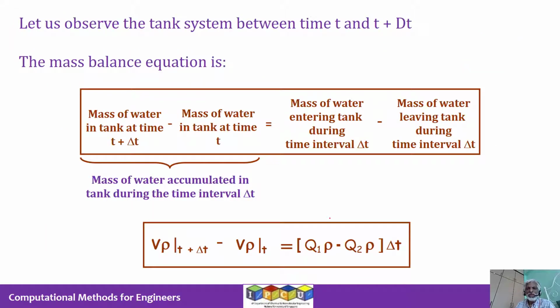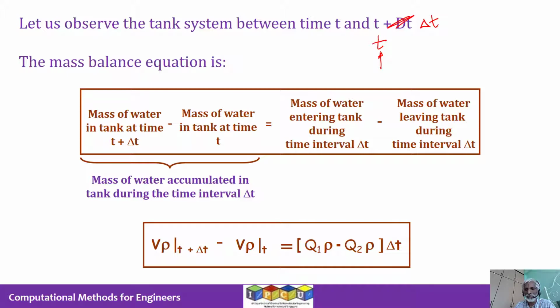Now, the trick here is always to do the following: we observe the system for a short time, delta t time units. We start looking at the system at time t, when we start focusing our attention on the system and the variables of interest.